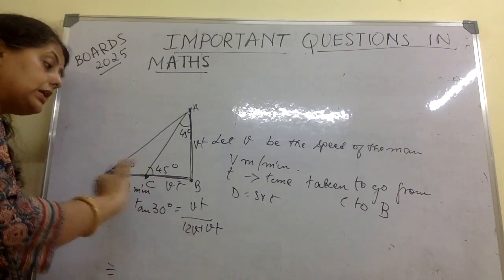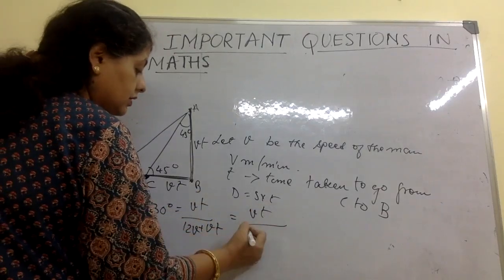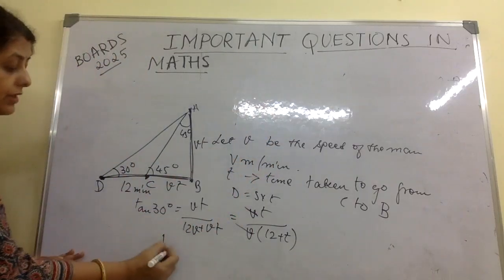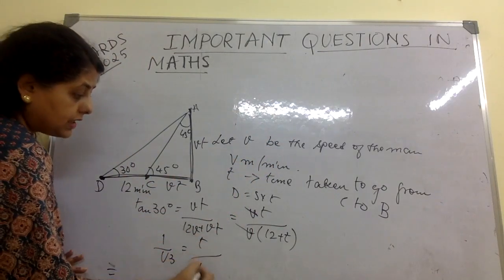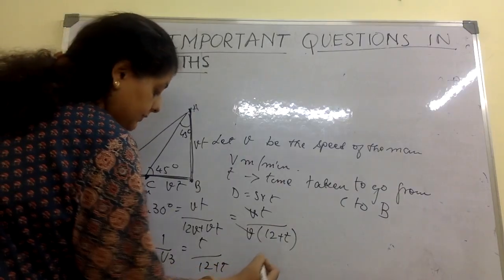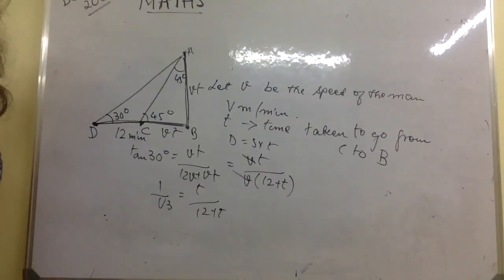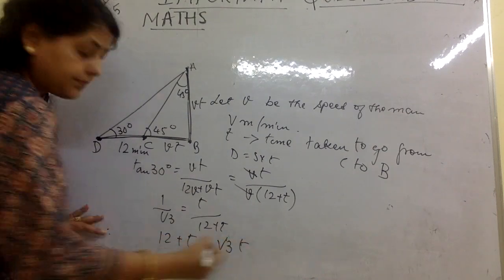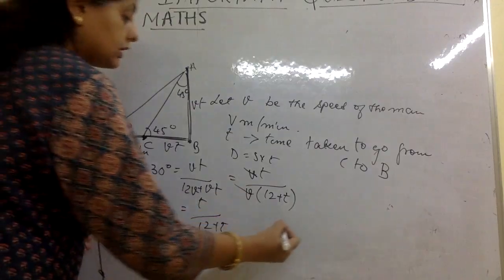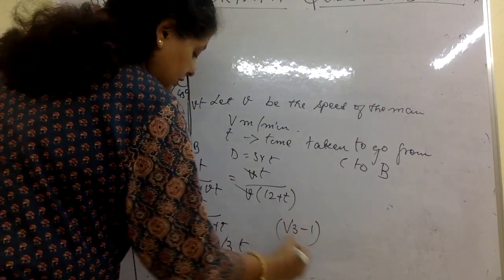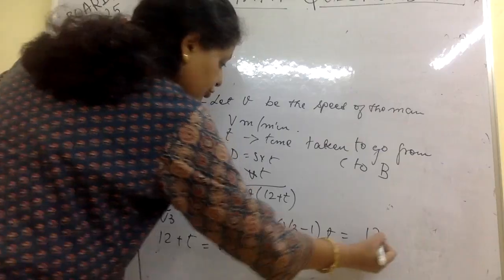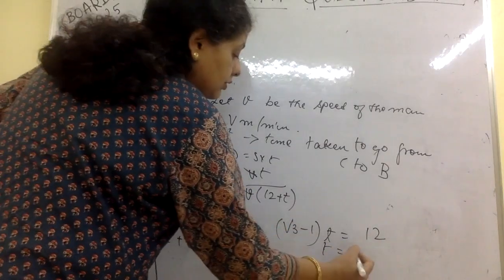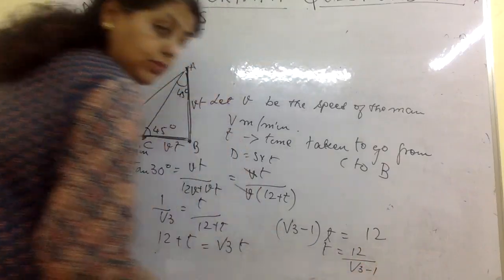Okay, so we will eliminate V. So 1 by root 3 is T by 12 plus T, which is 12 plus T is root 3T. Yes, so root 3 minus 1 into T is equal to 12. T is equal to 12 by root 3 minus 1.